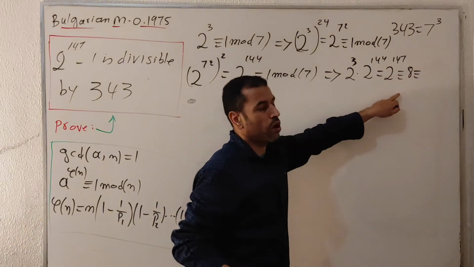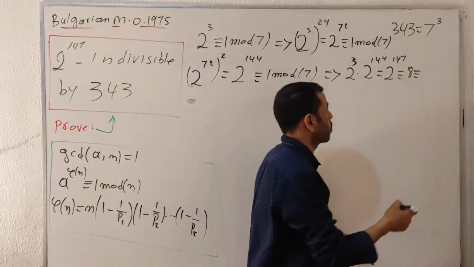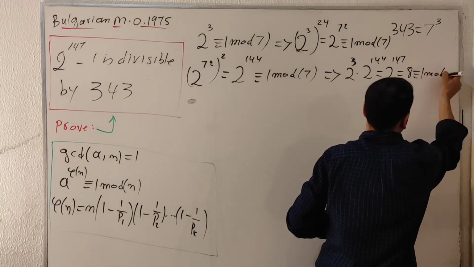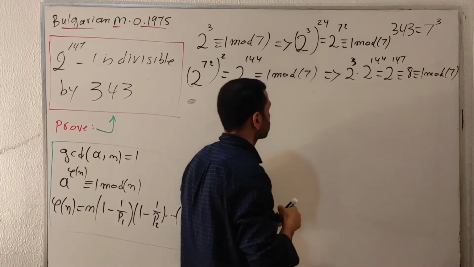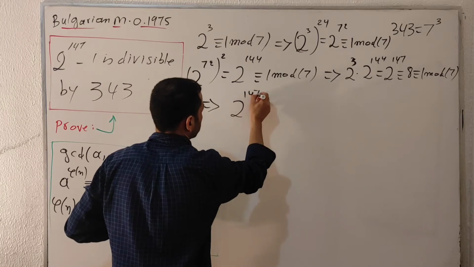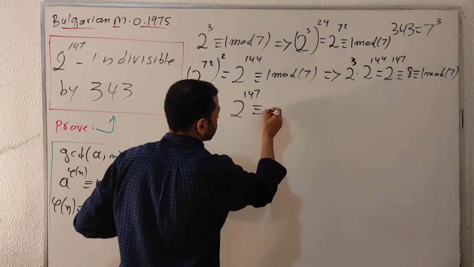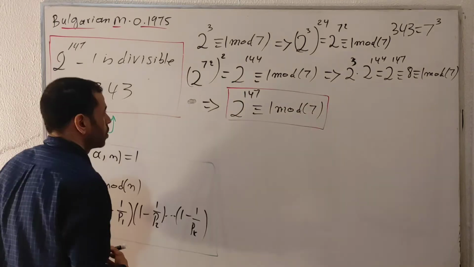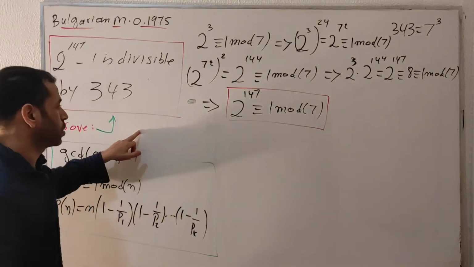Since 8 is congruent to 1 mod 7, we end with 2^147 congruent to 1 mod 7. Now I'm going to bring this one down here.